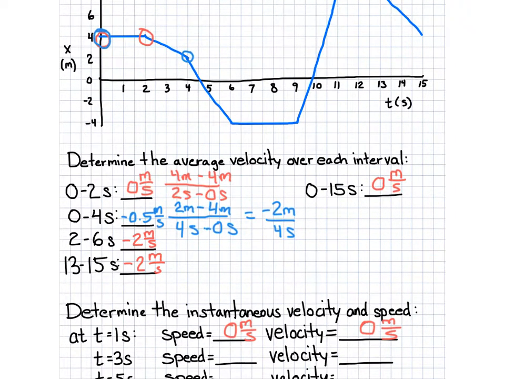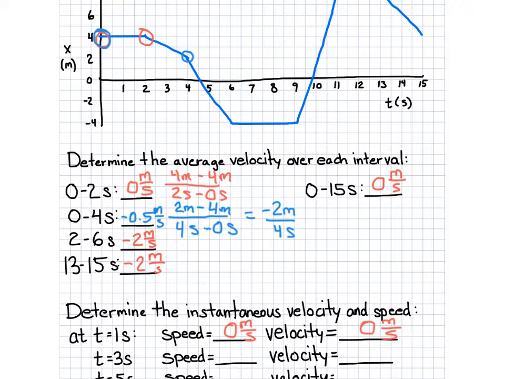So I'm talking about this point right here. 3 seconds. To do the velocity there, I got to use the endpoints of the segments it's on. So 2 meters minus 4 meters divided by 4 seconds minus 2 seconds.